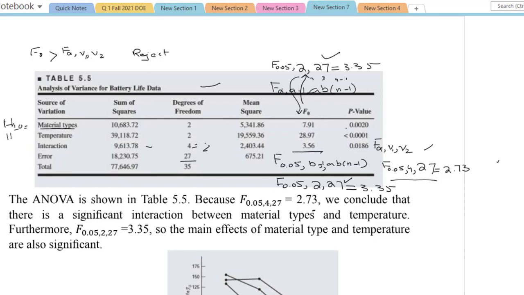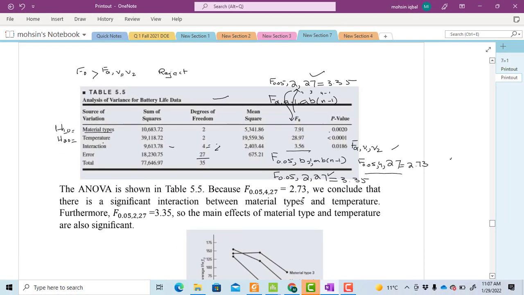Your second null hypothesis, H2 naught, will be that there is no effect of temperature on the battery life, or that the mean value for temperature level 1 is equal to the mean value for temperature level 2, which is equal to the mean value for temperature level 3. Alternatively, you can also say that all of the temperature levels have the same effect on the battery life.